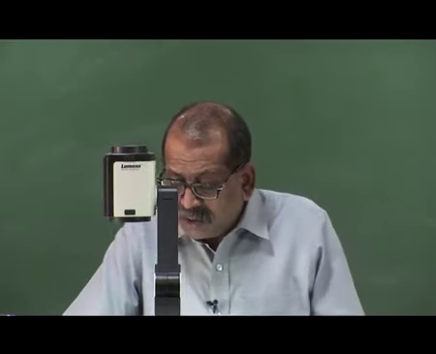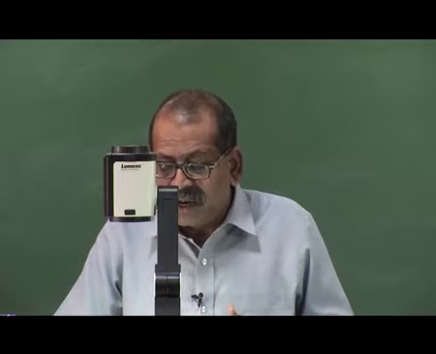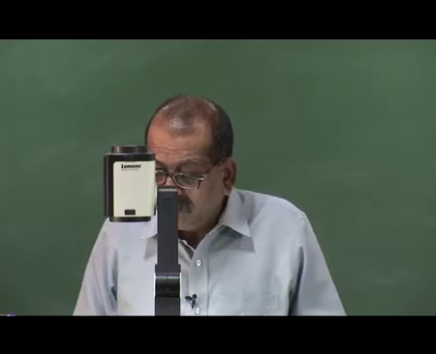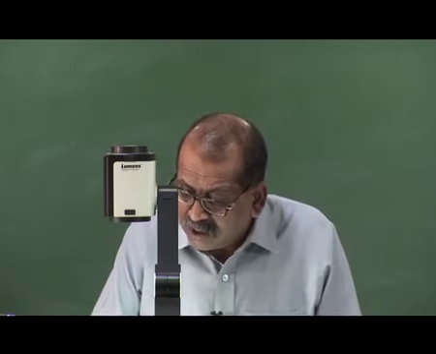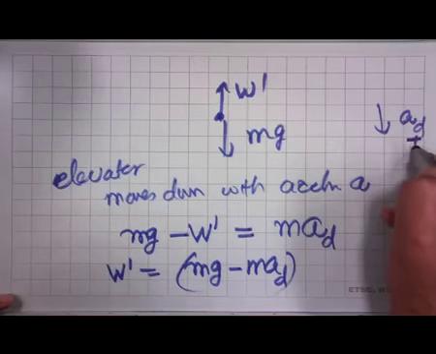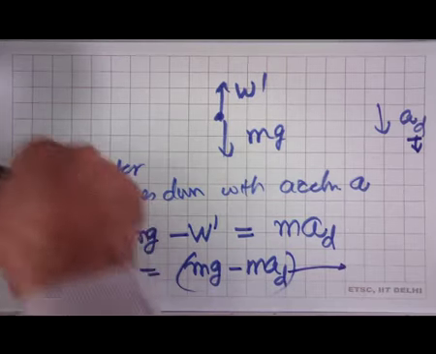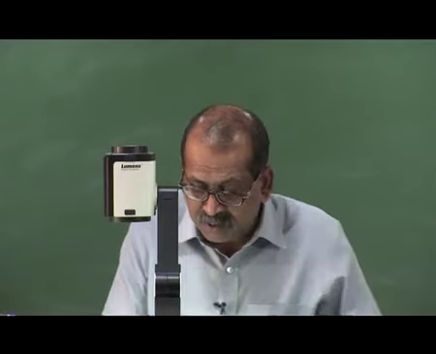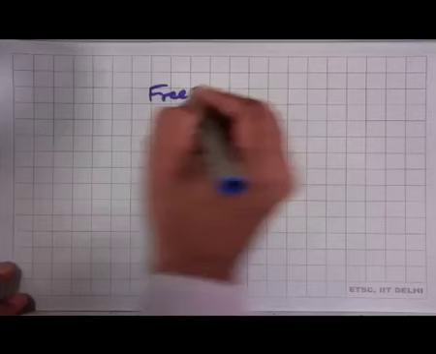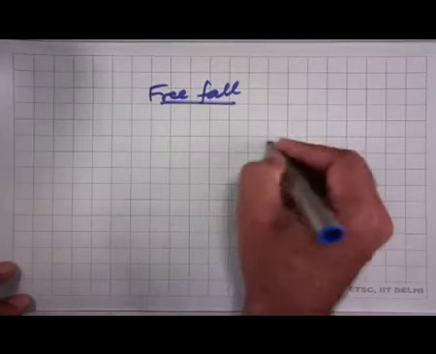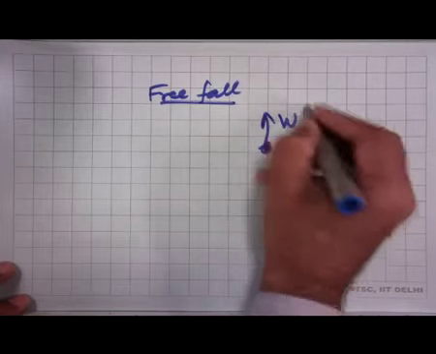So, now let us consider the case if the elevator's cable breaks down, so that the elevator is in free fall. If the elevator is in free fall, then the downward acceleration a_d will be equal to g. Once again, as we have emphasized, the free body diagram stays the same.